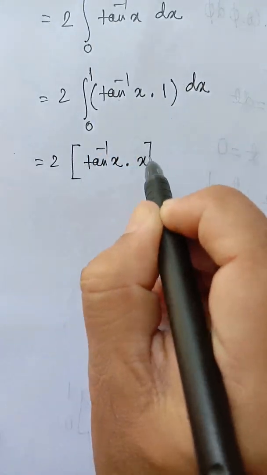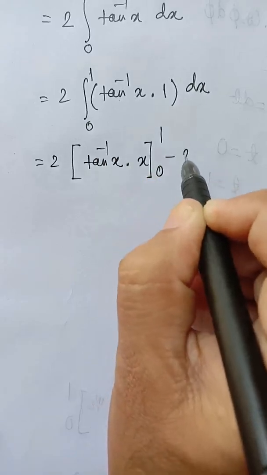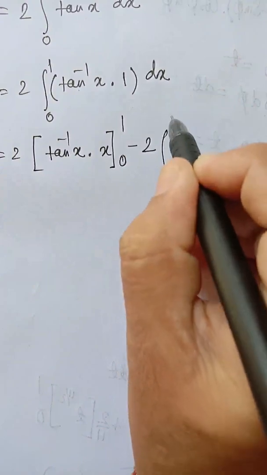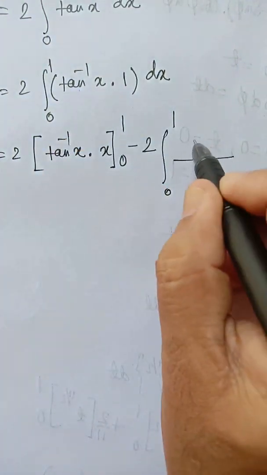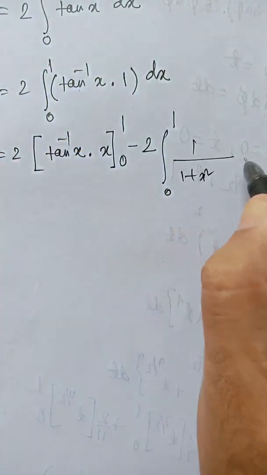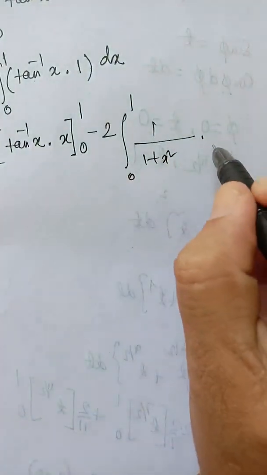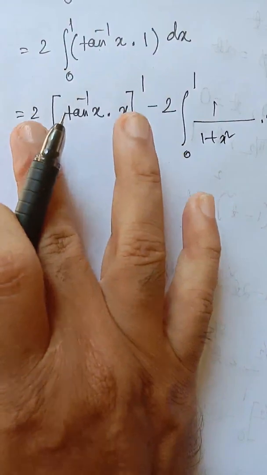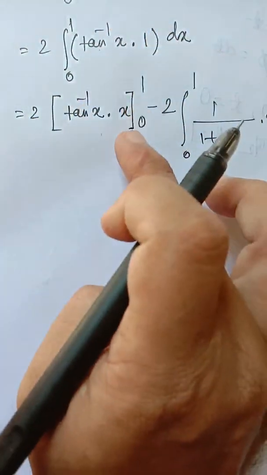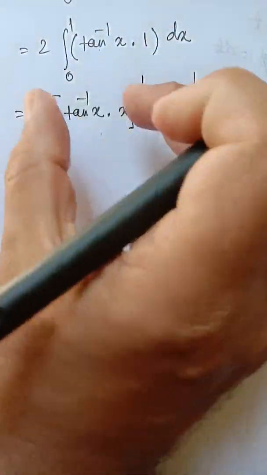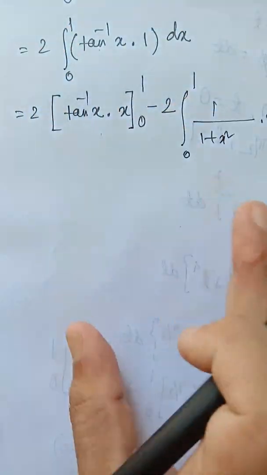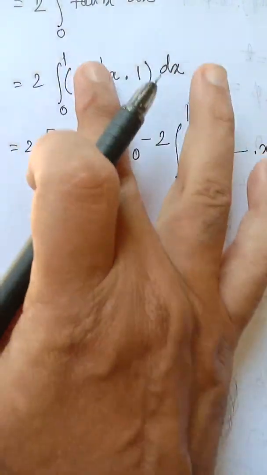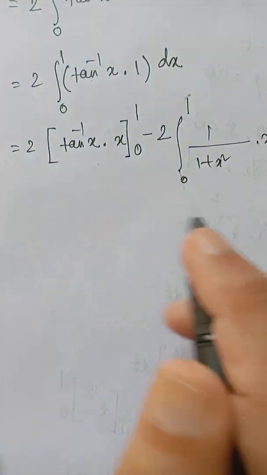So the limit is from 0 to 1, minus 2 into integration of derivative of first, which is 1 by 1 plus x square, into integration of second, which is x, dx. We add the limit with the first part because its integration is over: minus 2 into integration of derivative of first into integration of second.